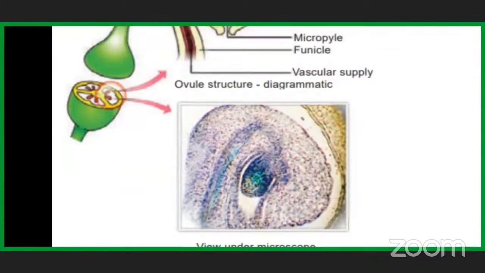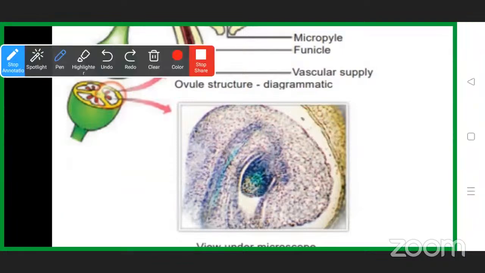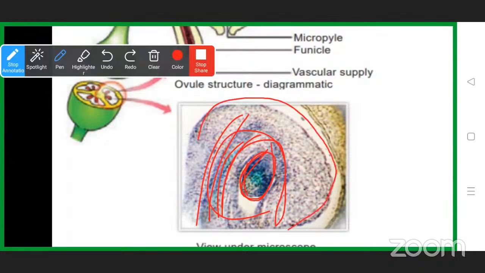You can see the integuments, the nucellus and the embryo sac, the female gametophyte. All this you can see clearly under the microscope.